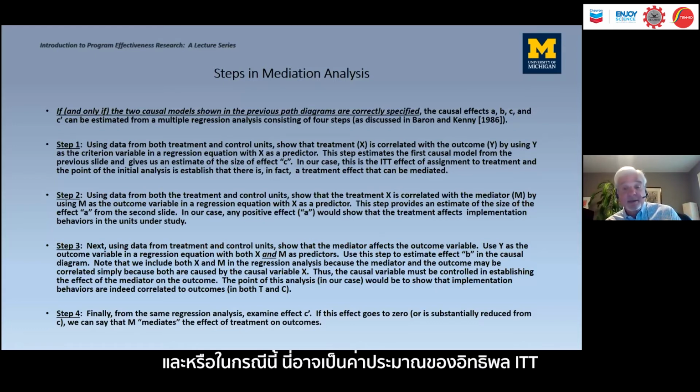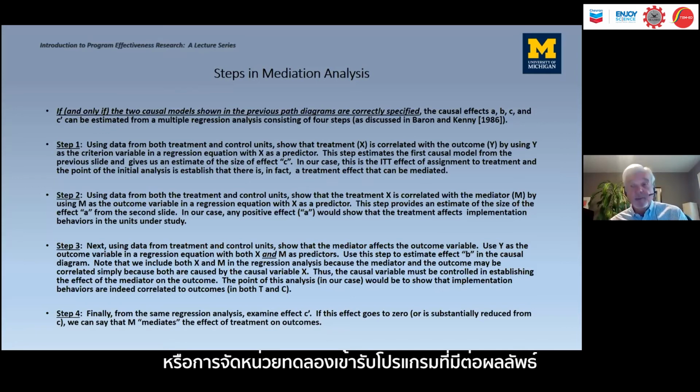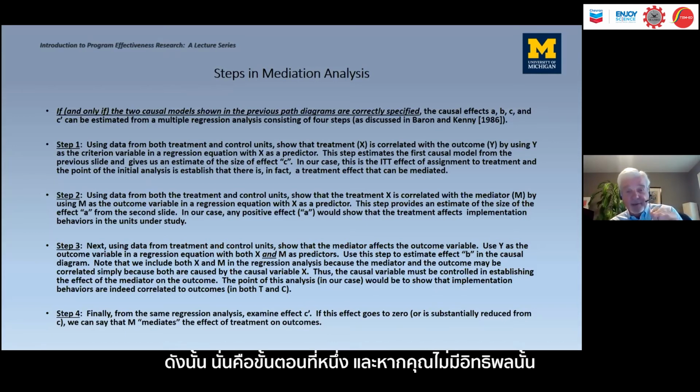The first step is to show that there is in fact an effect of treatment, or assignment to treatment, on the outcome, because if there isn't, there's nothing to be mediated. So that's step one. If you don't have that effect, there's very little reason to be engaged in mediation analysis. I'll talk about some conditions under which you might want to do it.